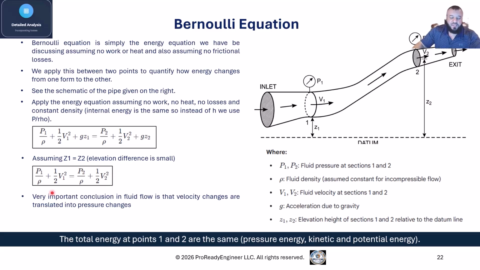Why? Because the pressure energy and kinetic energy summation is constant. If the velocity in a nozzle comes up, pressure comes down. The sum has to be constant. It's almost as if you are saying, listen to this very carefully, velocity is coming up at the expense of pressure. Pressure is paying for velocity to come up.